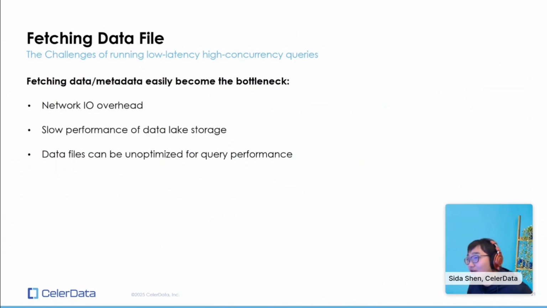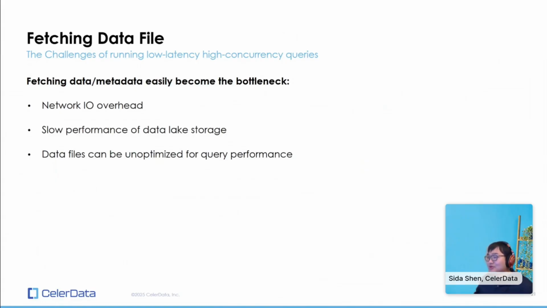And fetching data files can be a challenge here as well, right? First is the network overhead on top of it. Each query scan can return gigabytes, tens or hundreds of gigabytes of data pretty regularly, right? So the IO overhead there is quite high. And you have to consider the slow performance of your data lake storage, something like S3, right?